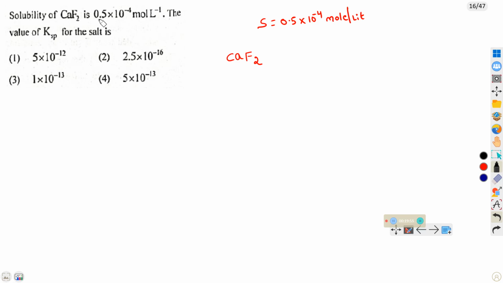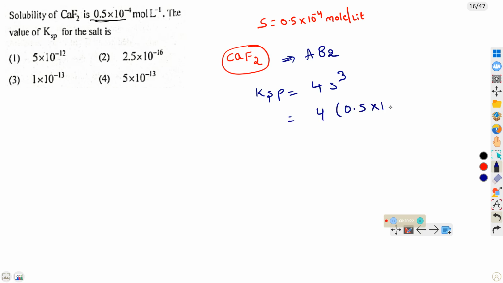Solubility of CaF2 is 0.5 into 10 power minus 4 mole liter inverse. The value of Ksp for the salt is, first of all, CaF2 is the example for AB2 type of salt. For AB2 type of salt, Ksp is equal to the formula 4S cube, 4 into 0.5 into 10 power minus 4 whole cube.